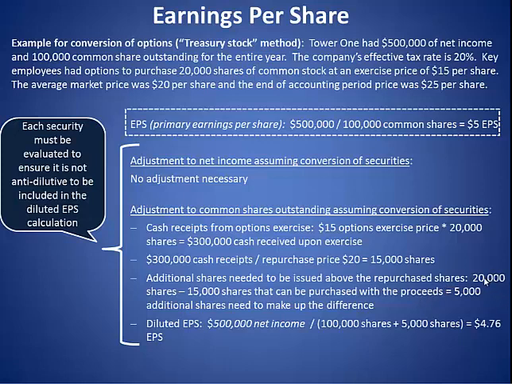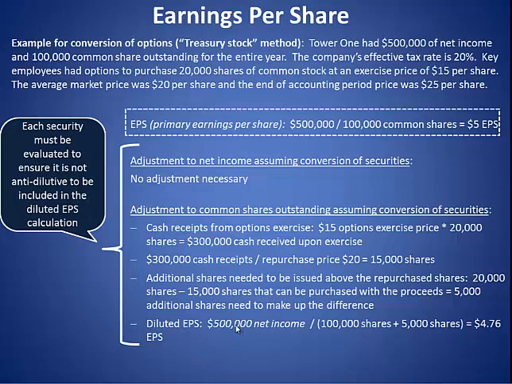So the shares that we owe regarding the options is 20,000 shares. We subtract out the 15,000 shares that can be purchased on the open market with the proceeds, and the remainder of 5,000 shares are new shares that we're going to have to issue to make up the difference to the 20,000 shares.